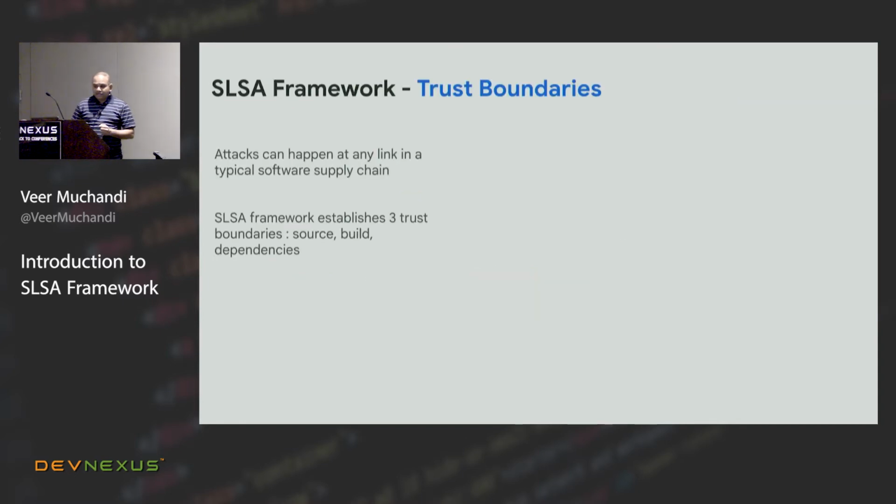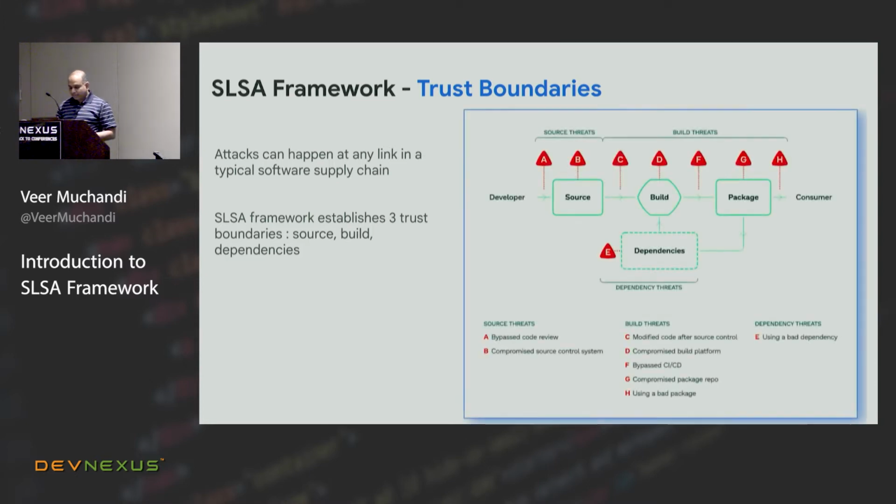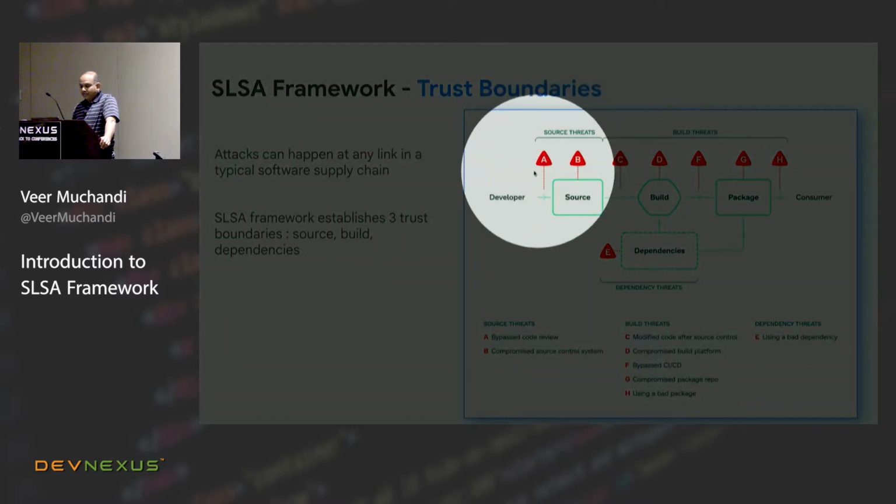So SLSA framework, it actually defines the attack vectors into different trust boundaries. And the trust boundaries are source boundary, build boundary, and dependencies. Let's look at what they are. So let's go through where all threats can happen. So think about the first one, where developer writes the code and checks in, right?